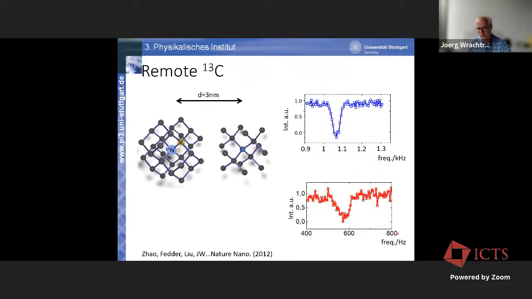So this is the Larmor precession frequency over the signal intensity, and you see here this is on the order of a kilohertz, and this is on the order of 500 hertz or so. And the dip here actually is a dip in the electron spin coherence. So what this says is that this Larmor precession of the nuclear spin is actually maximally decohering your electron spin.